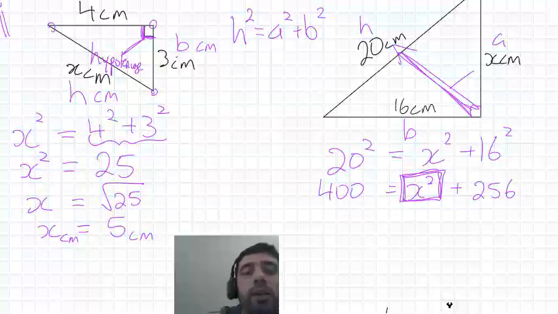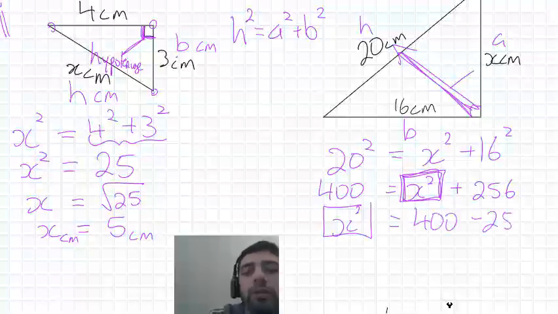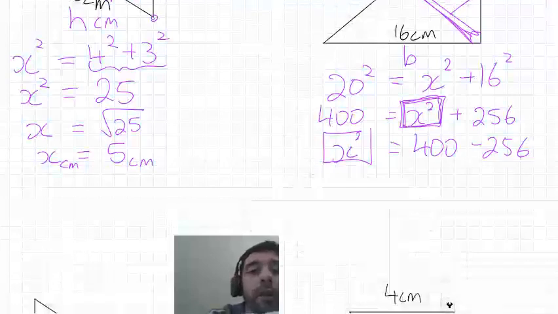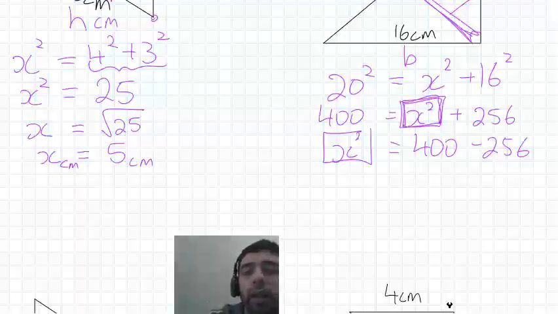Well, the way to work this out is actually to just swap from doing an addition of an unknown number to doing it as a subtraction. We can say this unknown number must be whatever's left over if we take 400 and take away 256. Let's see if I can write properly. So x squared is 400 take away 256, which then means, well, now the calculator can really help.